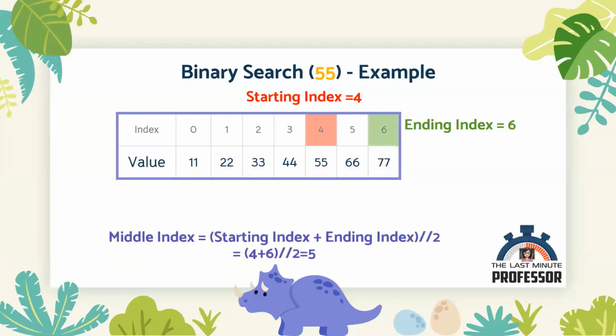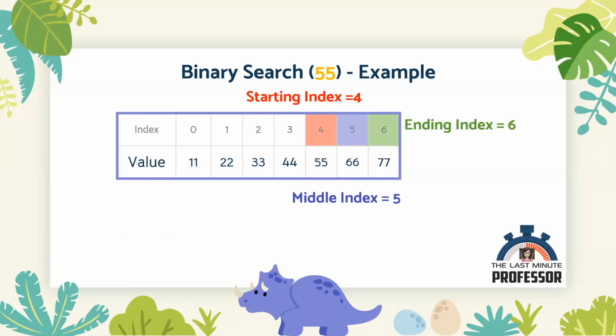Now let us recalculate middle index and repeat the search procedure. So middle index is 5. Again, is the middle element our search value? No, 66 is not our search value. Now, let us compare the middle element with the search value. 55 is less than 66.